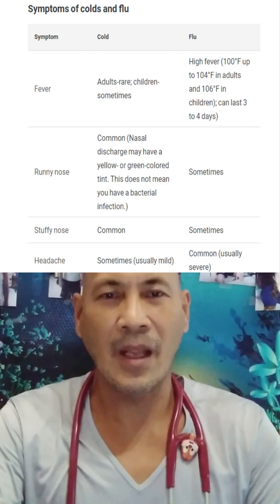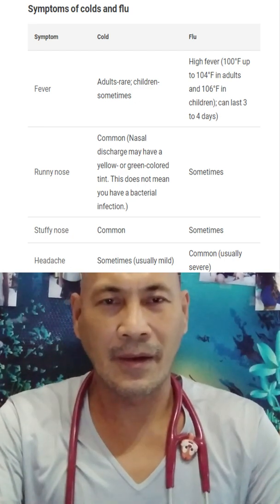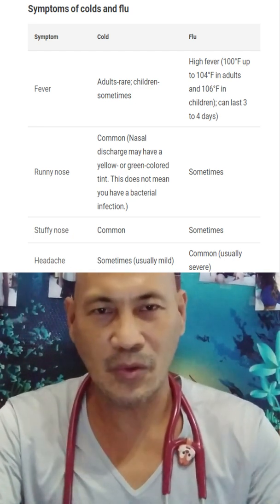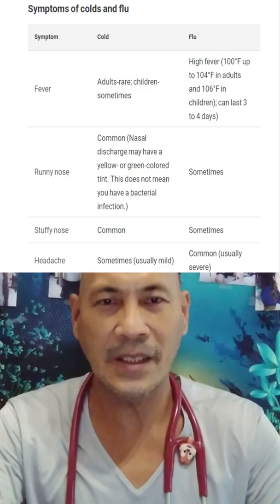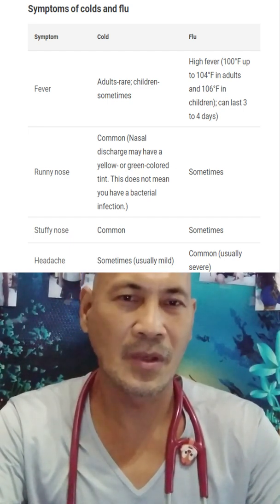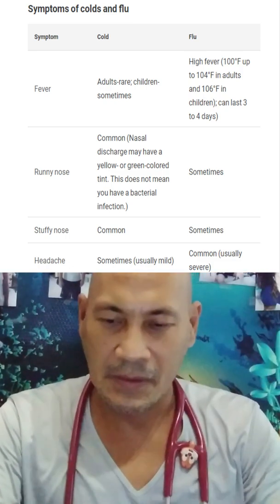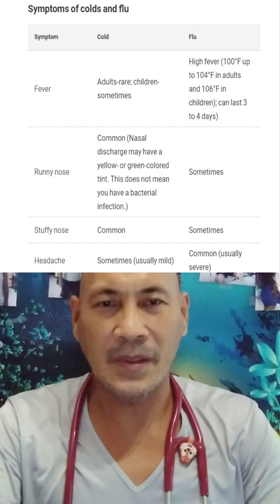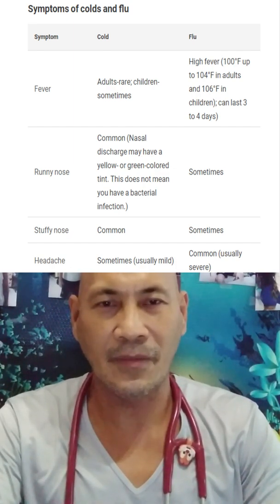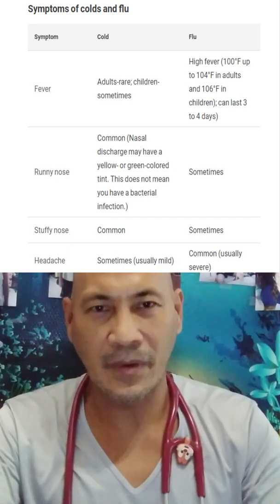And likewise, it also happens in adults, especially patients with comorbidities, patients with uncontrolled diabetes, hypertension, kidney diseases, and liver problems. This flu can cause high fever, and as I mentioned, even for younger children.